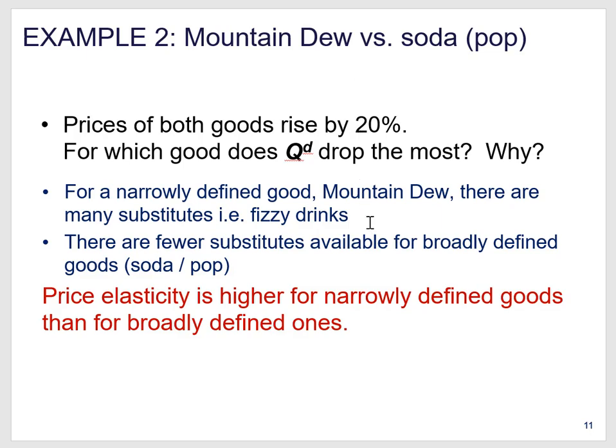However, if all soda drinks increase in price, there may not be substitutes available. There are fewer soda drink substitutes, in fact. As a result, we can conclude that price elasticity is higher for narrowly defined goods than for broadly defined ones.